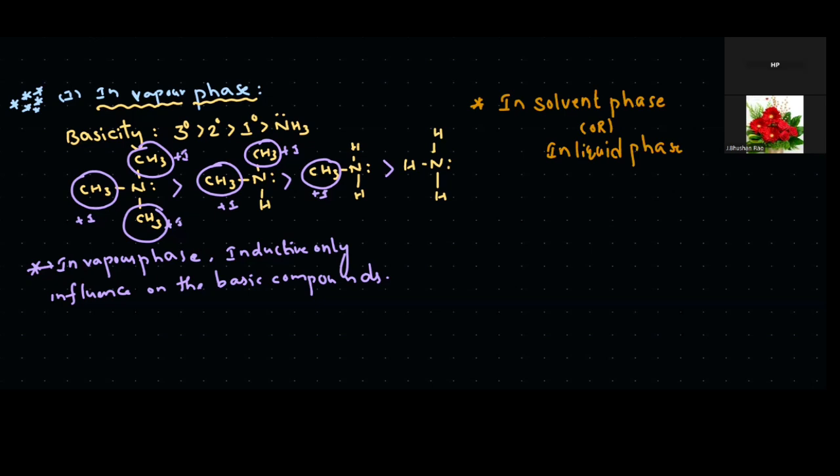In solvent phase, we will discuss basicity orders. First case, if R equals CH3 group, the basicity order is secondary greater than primary greater than tertiary, and the least is the ammonia molecule. This order is very important.